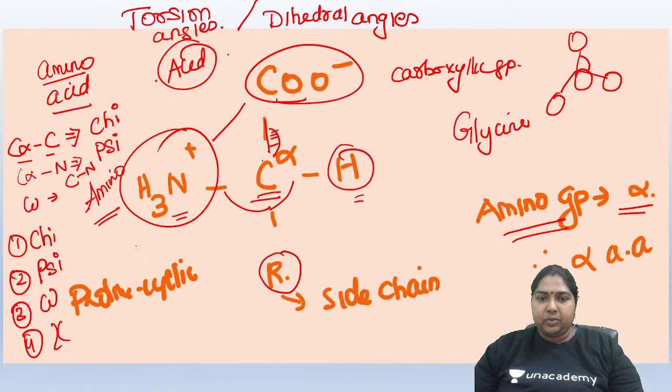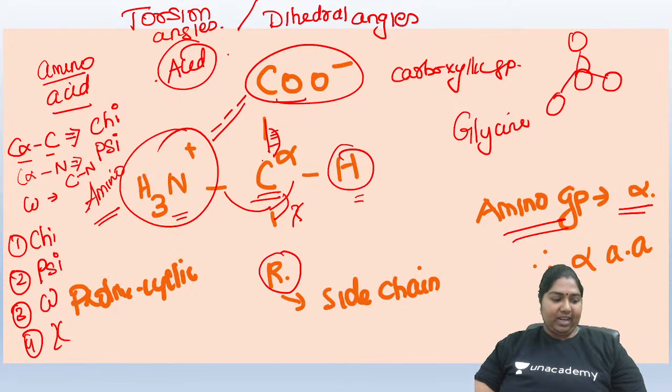It is the angle between C and N. That is omega. It is very, very rigid. It looks like a partial double bond. C and N, it is a partial double bond. And this angle, C alpha R, it is also a different name of chi angle.